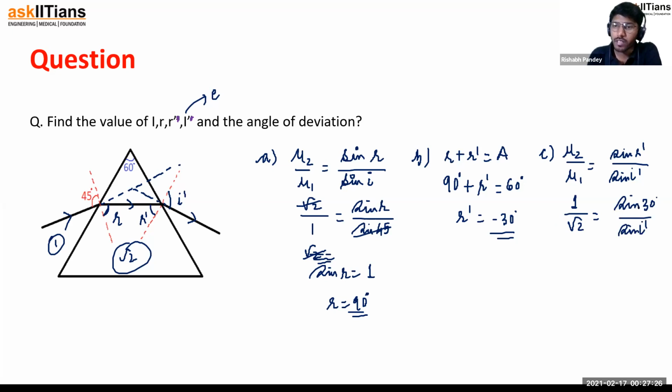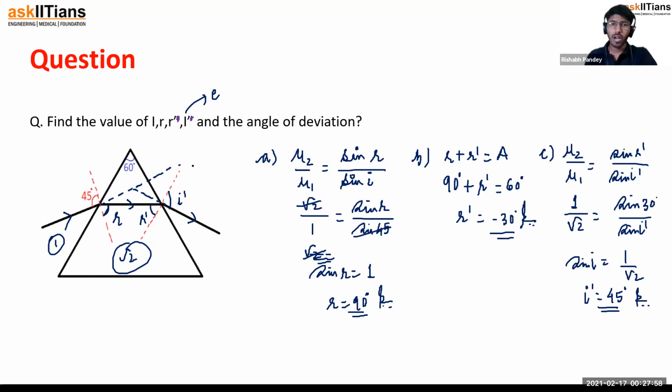Sine 30 is 1 by 2, and if I solve this, sine i dash will be 1 by root 2, which means i dash will be 45 degrees. So i is 45, i dash is also 45, and r and r dash we successfully found.